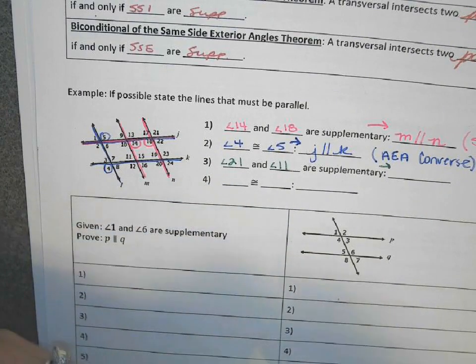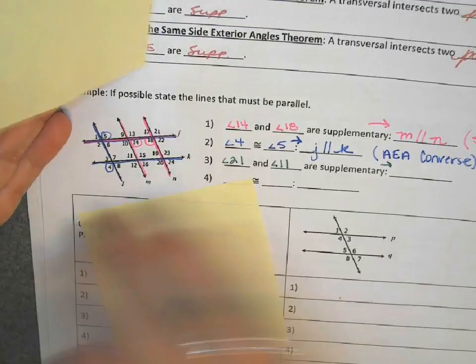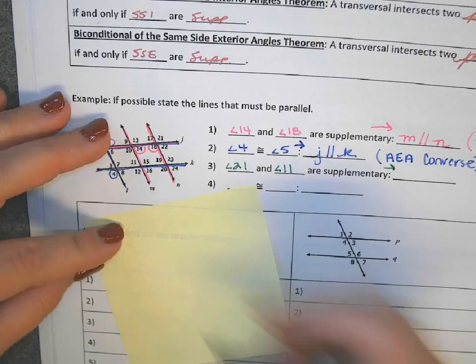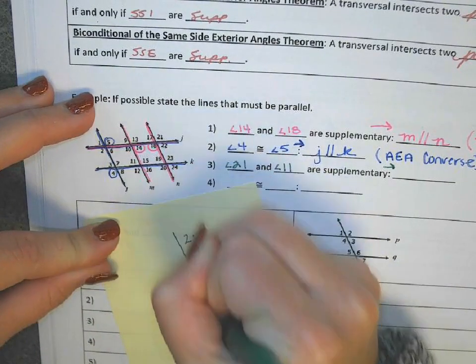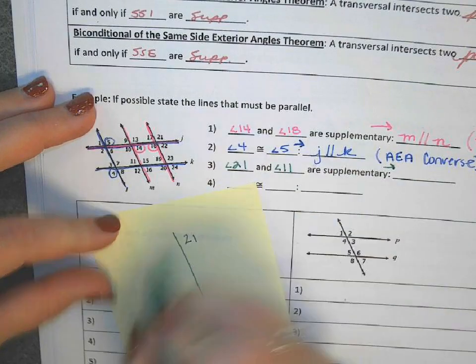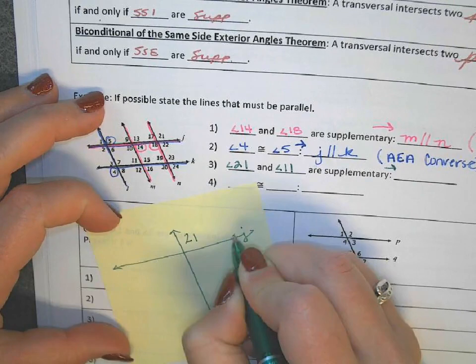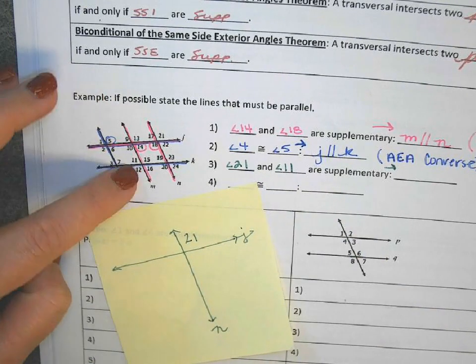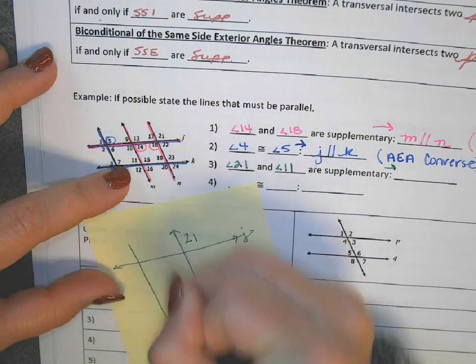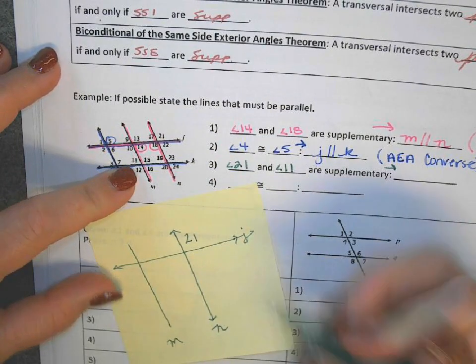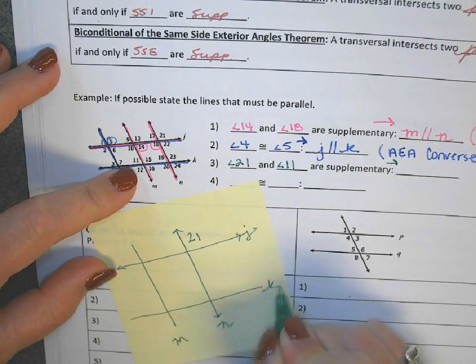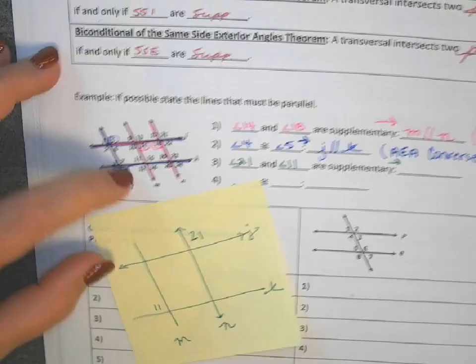So 21, let me form these lines. 21 is formed by N and J. And 11 is formed by M and K. And 11's right here.